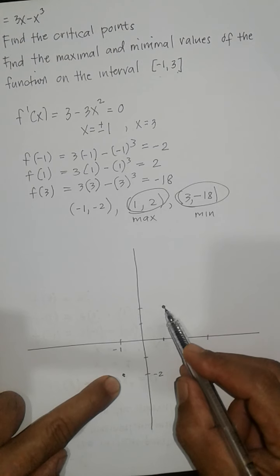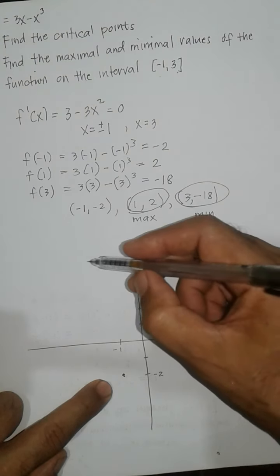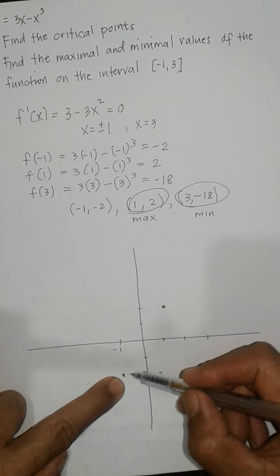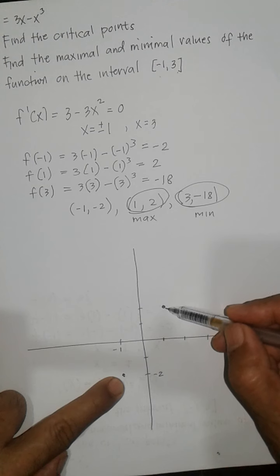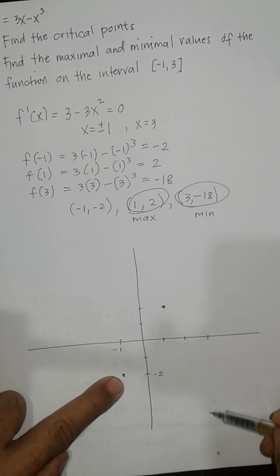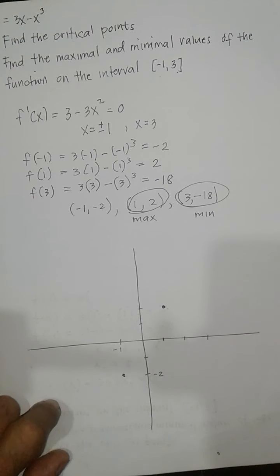So actually, we can trace that this could be a local minimum here because it will turn out to be the local maximum at this point. Then eventually it will move downwards to the lowest point here, up to 3, negative 18.